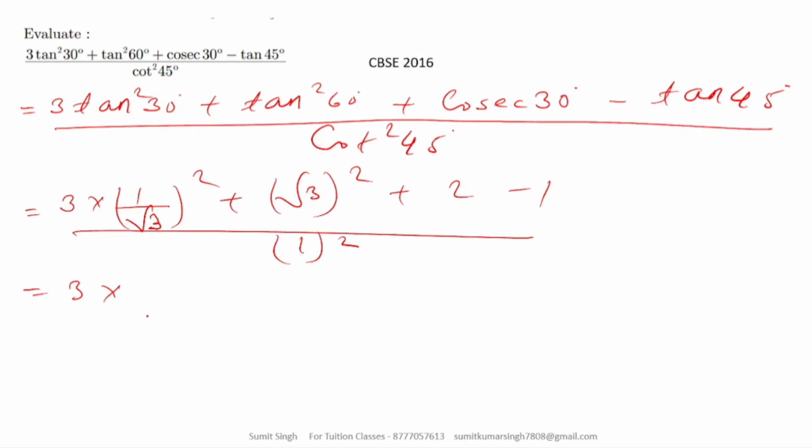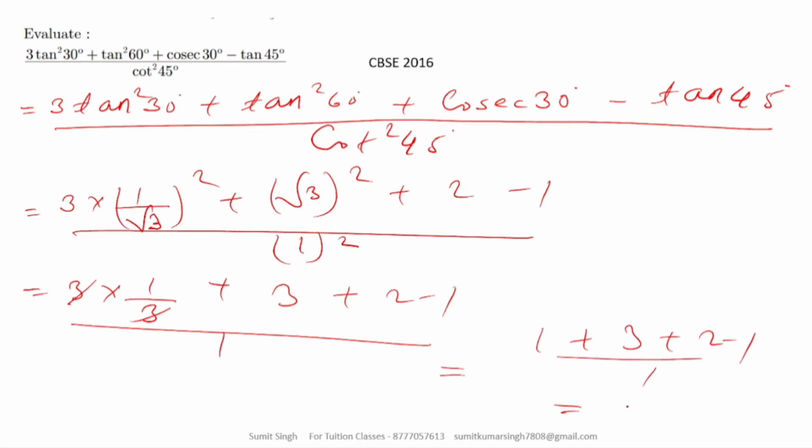So 1 by root 3 the whole square will be 1 by 3, and plus this root 3 squared will be equal to 3, then plus 2 minus 1, and in the denominator 1 the whole square, basically it will be equal to 1 here. So basically we will have 5 by 1, and 5 by 1 is equal to 5. So in this way we have the answer as 5 for this question.